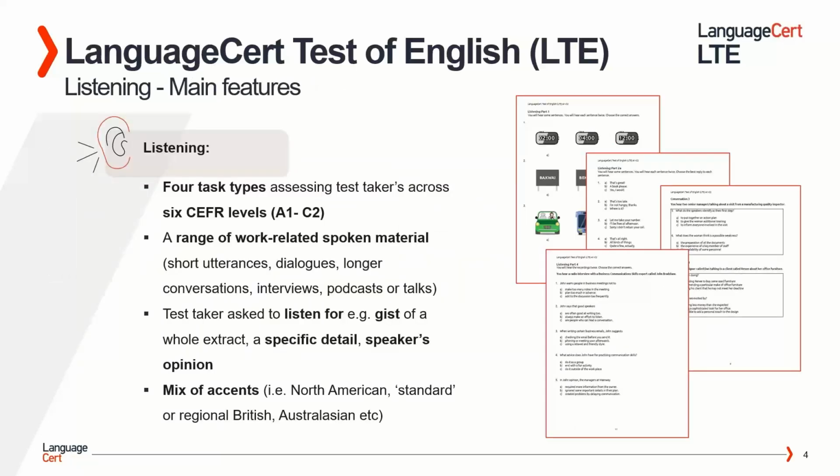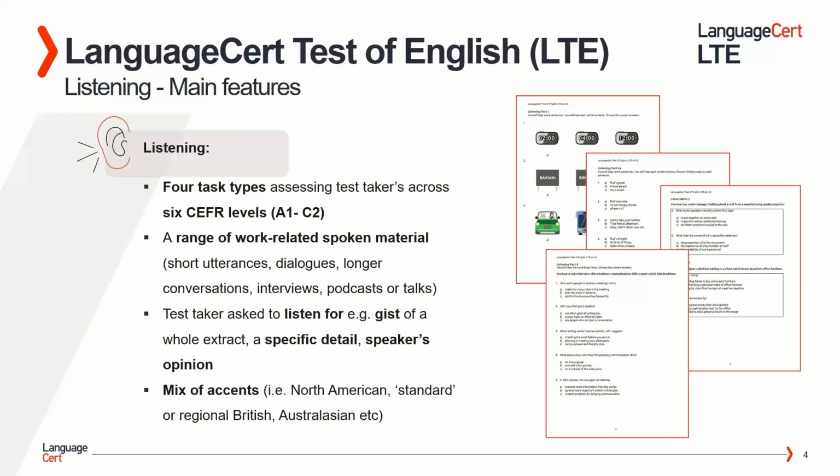Let's now briefly refer to the main features of the listening section. As we're about to find out on the next slides, test takers are presented with 4 task types, which assess them across 6 levels of the CFR, A1 through C2. All listening tasks revolve around work-related spoken material used in short utterances, dialogues, longer conversations, interviews, podcasts, or talks.